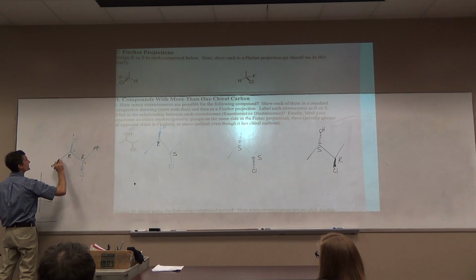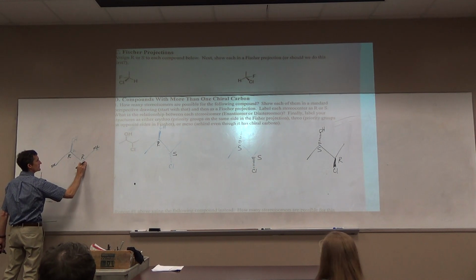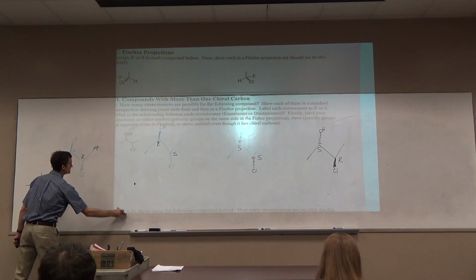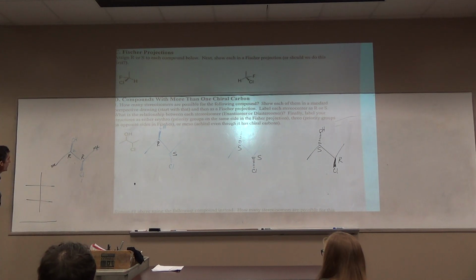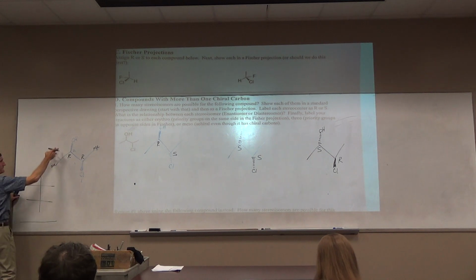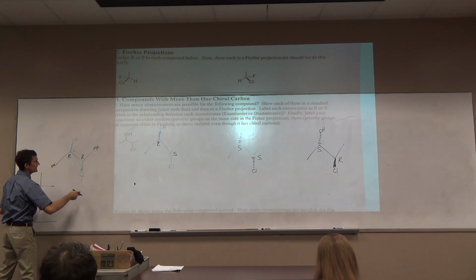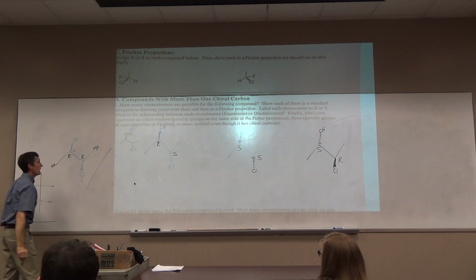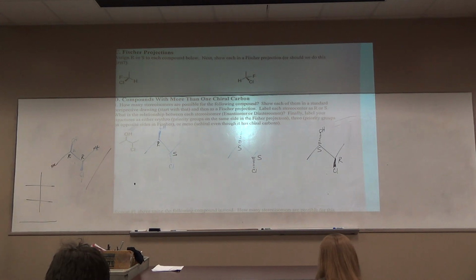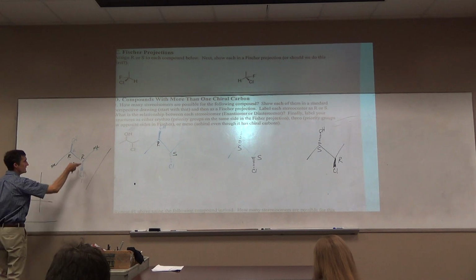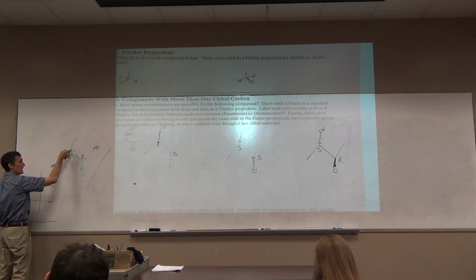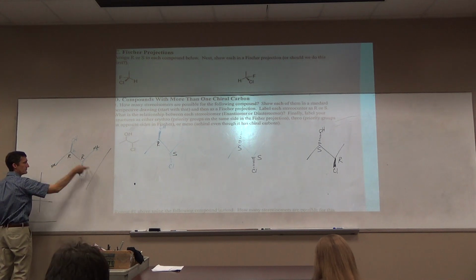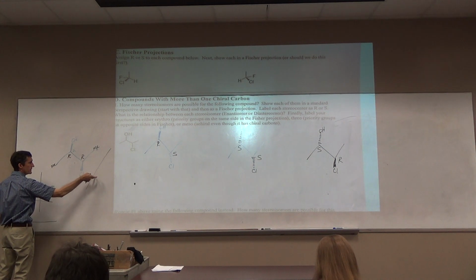I'm going to get rid of these R and S numbers. Okay. Now we can have the ground here or here. It really doesn't matter, but it's probably easier to have the ground here. If we have the ground there, the 2 chiral carbons, that bond is vertical to the ground.